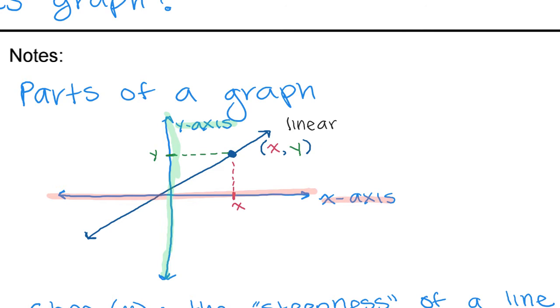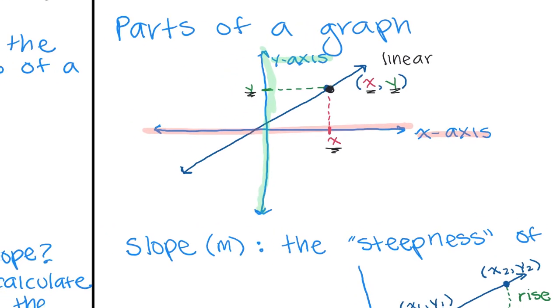So on any line graph, we have an x-coordinate, which lines up with where it sits on the x-axis for a specific point. And we have a y-coordinate, which for that specific point is going to line up where it sits on the y-axis. So these are going to be points that you will need to remember for how we are going to use them for calculating the slope of a graph.